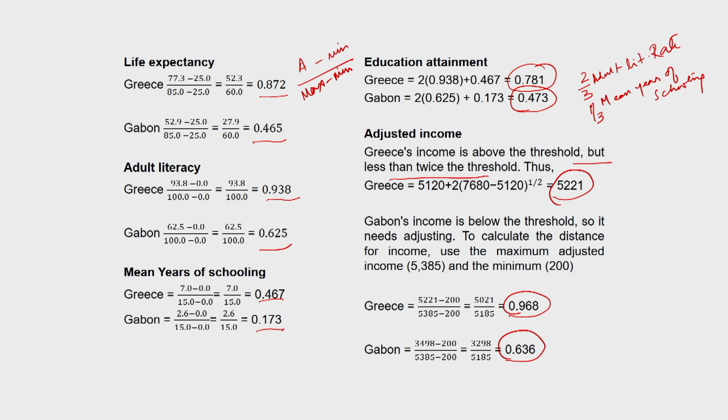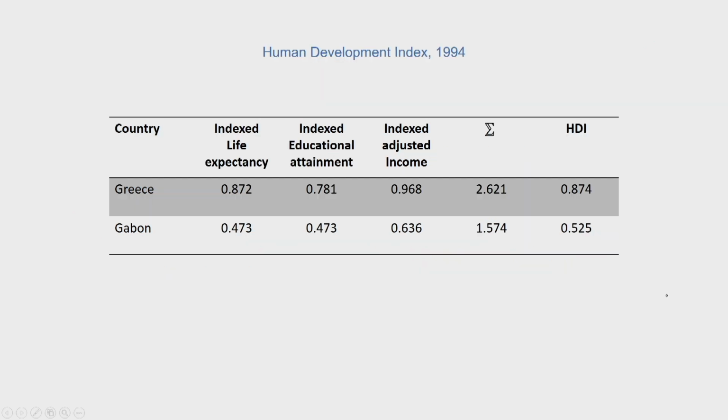Now, once the individual indices have been computed, this is x1, this is x2, taking adult literacy and mean years of schooling together, and this is x3, the adjusted income. So, we have the indexed life expectancy, indexed educational attainment, indexed adjusted income, which is then summed up, which comes to about 2.621.